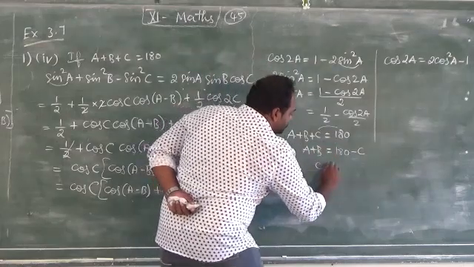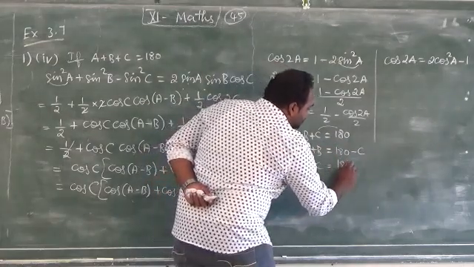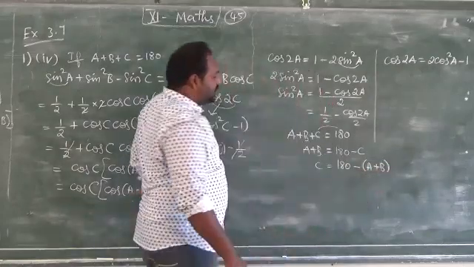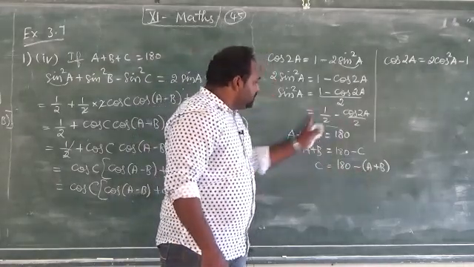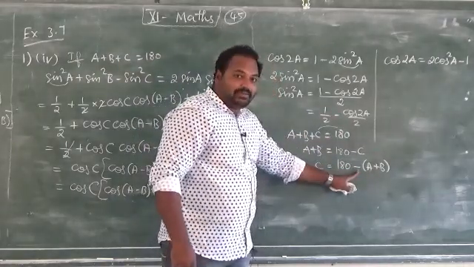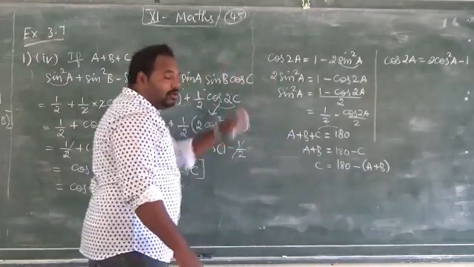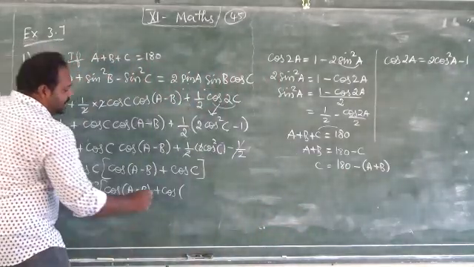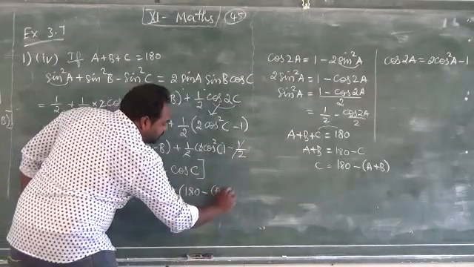So if you want to find out C alone, bring this A plus B to this side, minus of A plus B. So when you carry A plus B, A to this side minus A, B to this side minus B. So take minus commonly outside. So 180 minus of, already we have done so many problems. So it is not difficult for you. So instead of C, we can write 180 minus A plus B.